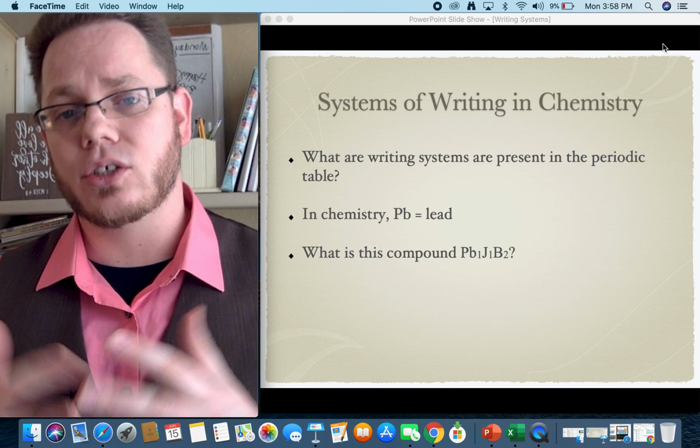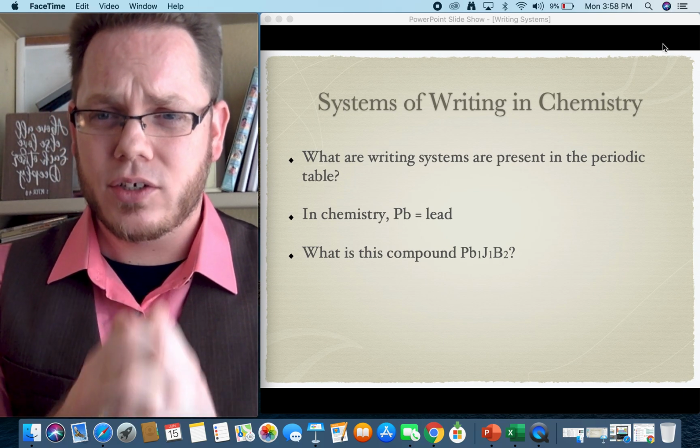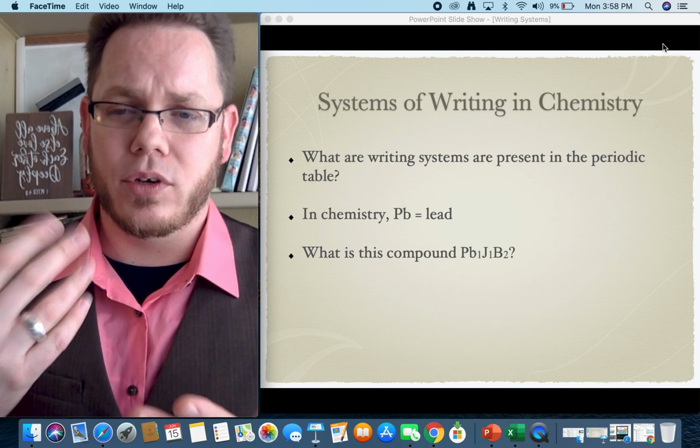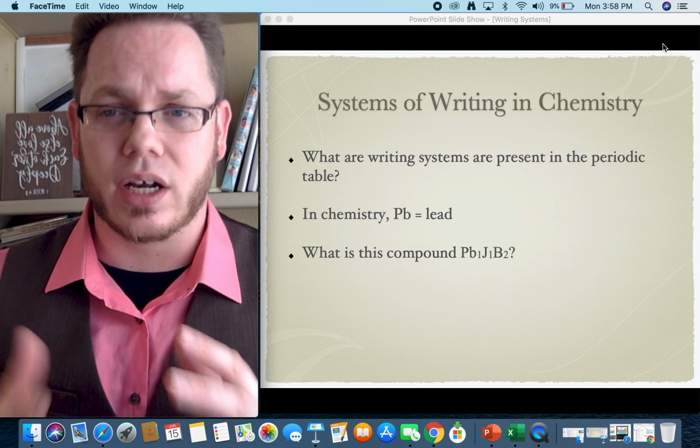So there's this direct connection to a root word that is now no longer the common thing.